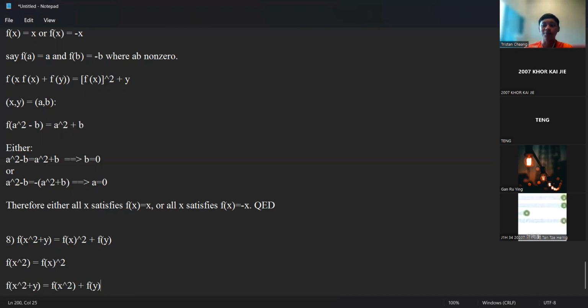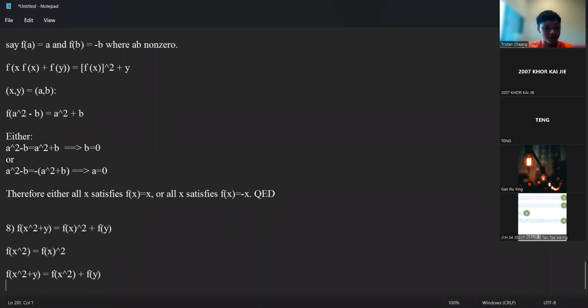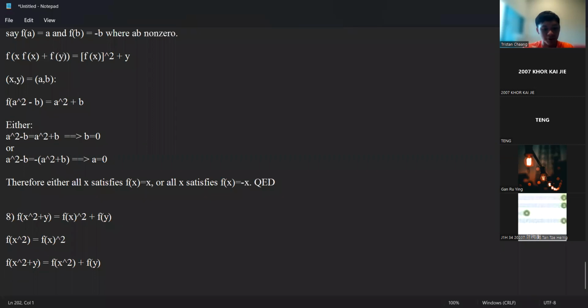However, x squared must be non-negative, isn't it? So how can we make sure it works for negatives as well? What we can do is, let's say I let y equals minus x squared.